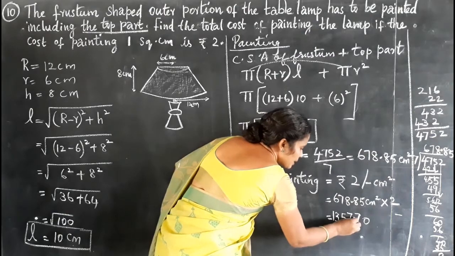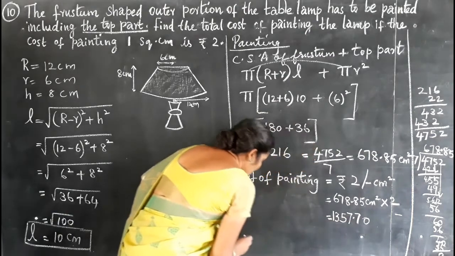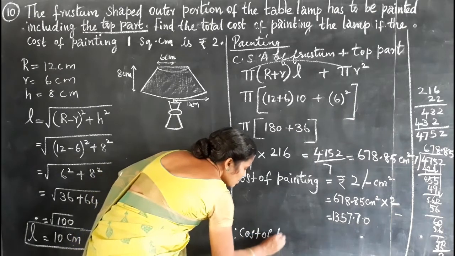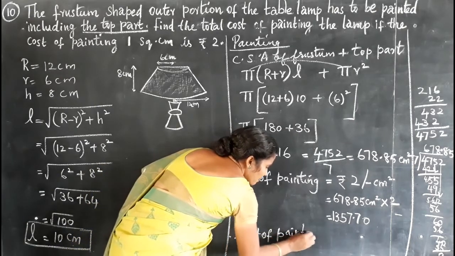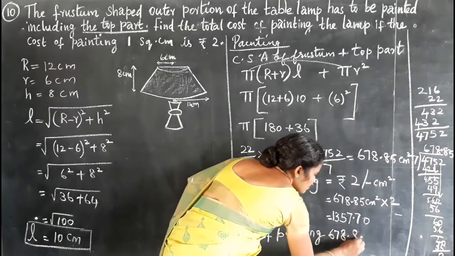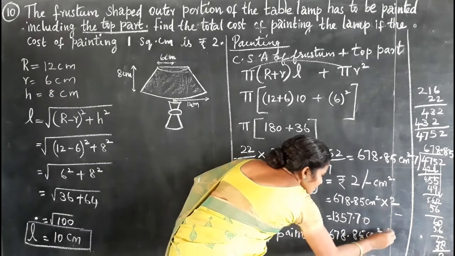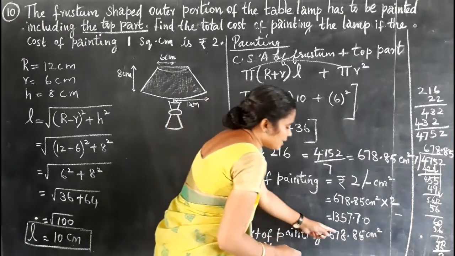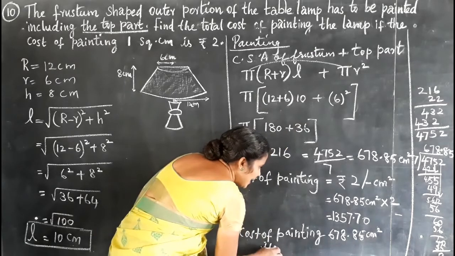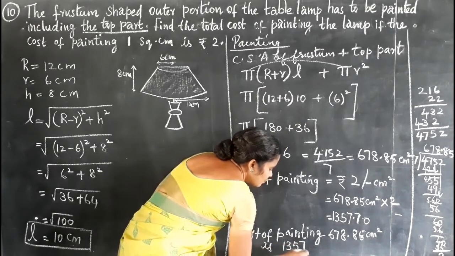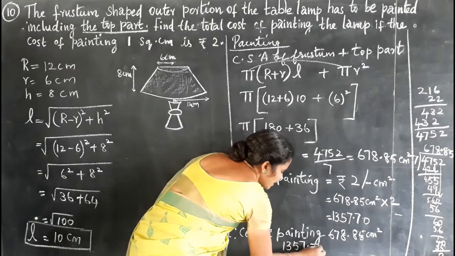So 2 decimal places. Therefore the cost of painting 678.85 centimeter square is 1357 rupees 70 paise.